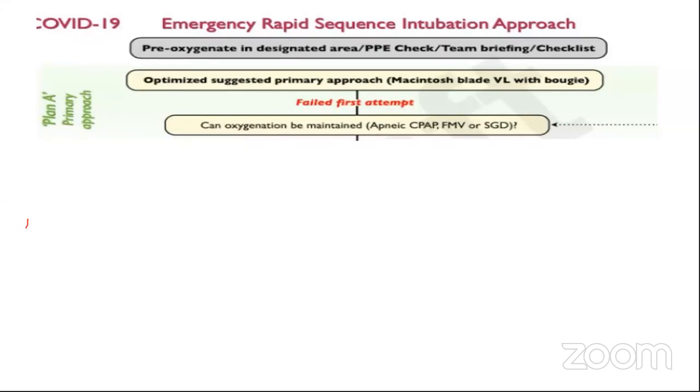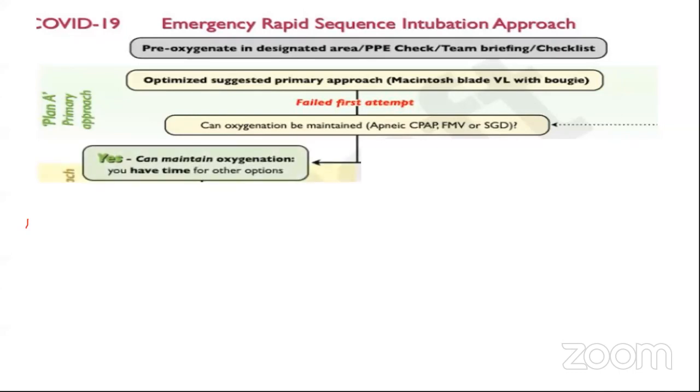Am I still able to oxygenate the patient, like only by passive CPAP without ambu bagging, or even by face mask ventilation, or by a supraglottic device, that's the laryngeal mask airway? Can I still maintain some ventilation to the patient, although there is no tube?